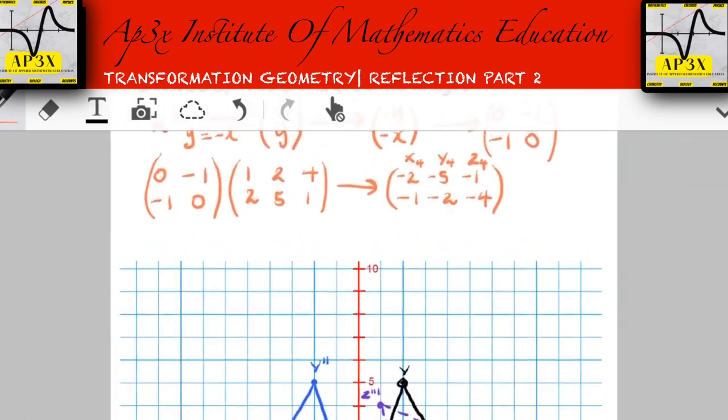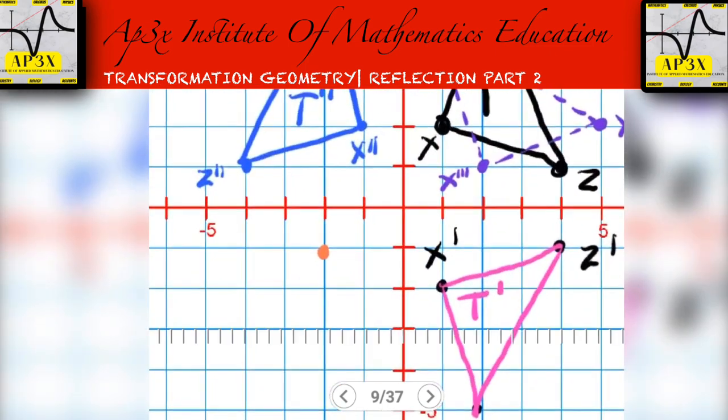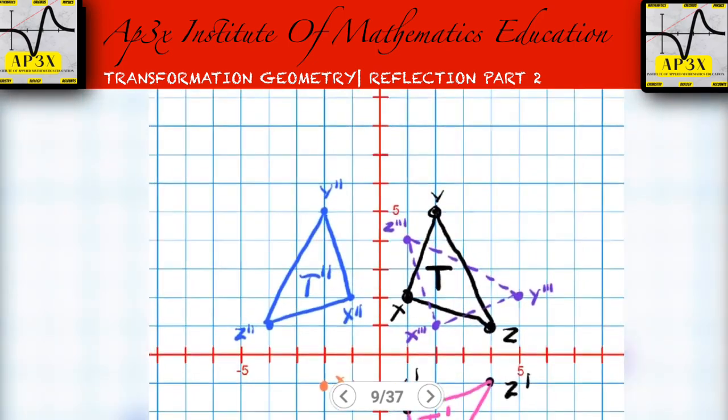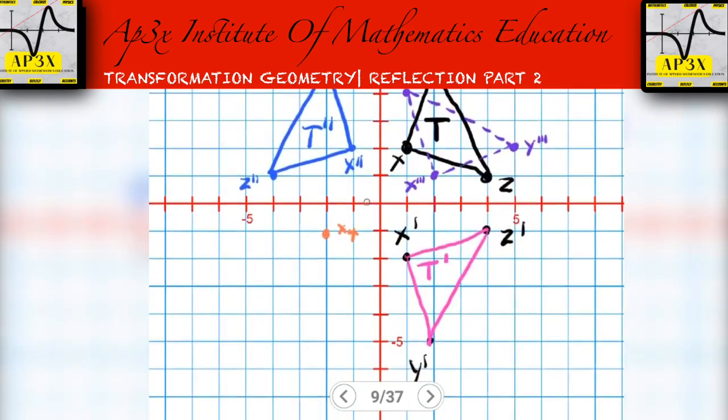So (-2, -1), that's going to be -2 to my left, and 1 down here. That's going to be my x sub 4. Let's label that right away. All right, that's my fourth transformation. Then we're going to plot (-5, -2). That's going to be -5 to my left, 1, 2, 3, 4, 5, and down 2.